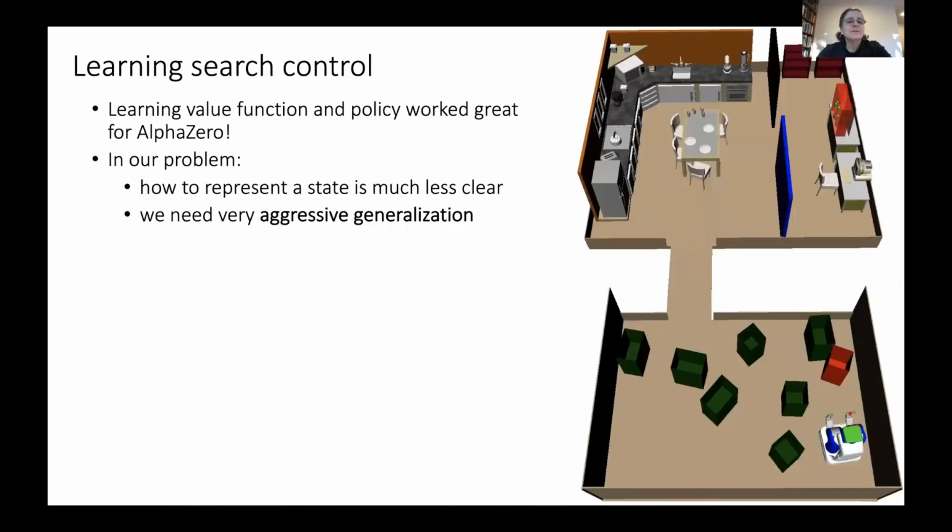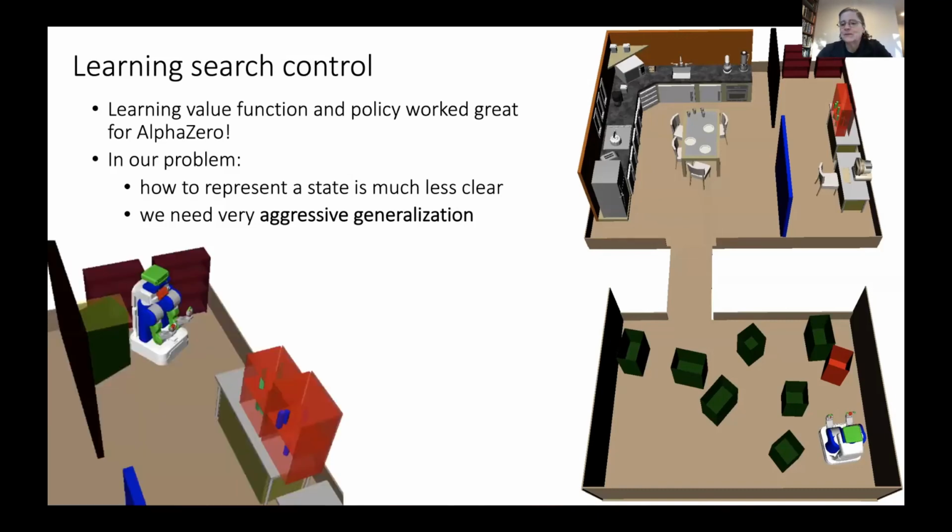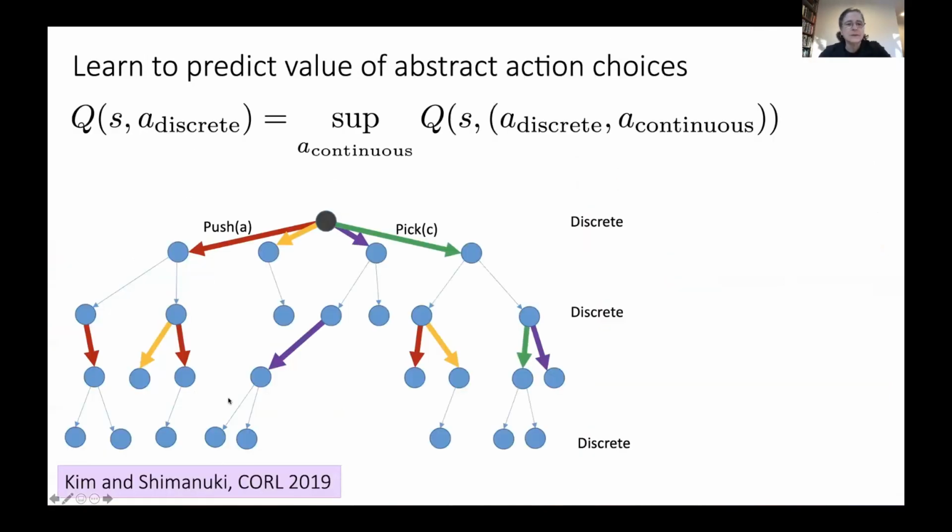Another thing that we've been focused on is learning search control. So this is learning to reason. AlphaZero works very well by learning how to control its planning. We're interested in very aggressive generalizations. So in this particular piece of work, we had the robot learn from moving big objects, as it does over here on the right, to be able to be more efficient to make plans for moving small objects like the ones in the cupboard.